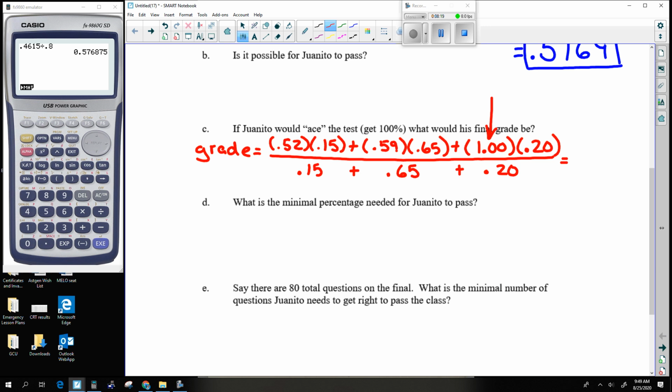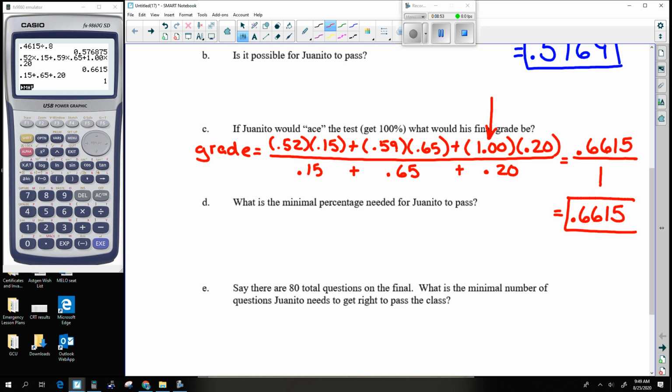All right, we're going to get a complete answer to the top, complete answer to the bottom, and then divide the two.